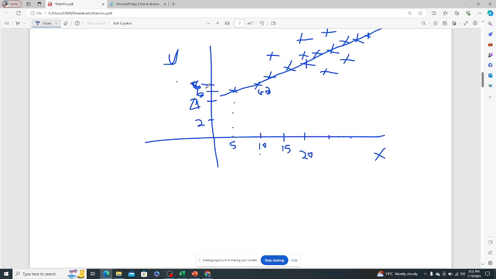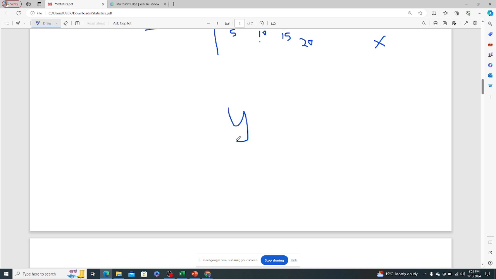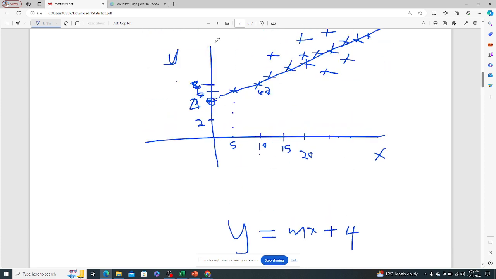Like for example, if we extrapolate our line, let's assume it cuts at 4. We will know that then our equation of straight line will be mx plus 4, because it is on the positive side.